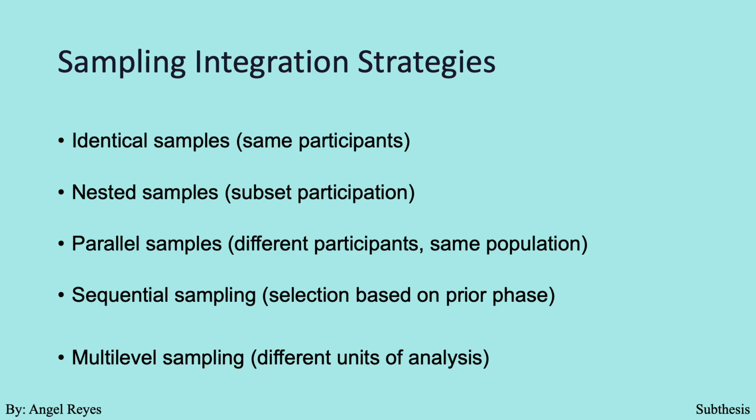In sequential sampling, participants are chosen for the second phase based on results from the first. Multi-level sampling allows for different units of analysis, such as individuals in the qualitative phase and organizations in the quantitative phase. Each approach must be chosen based on your study's goals and structure.